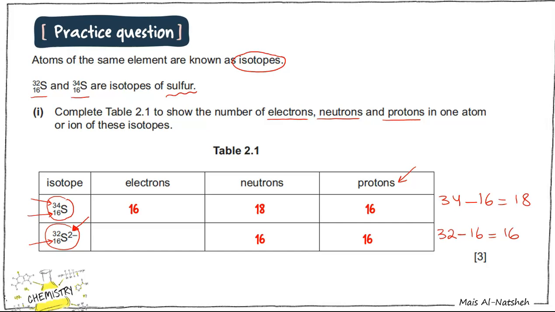So to the original 16 electrons you have to add 2 electrons, because this atom gained 2 electrons and therefore became 2 negatively charged. So in total there will be 18 electrons in this ion.